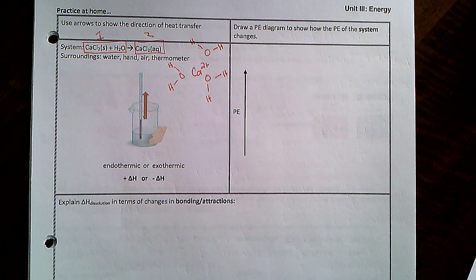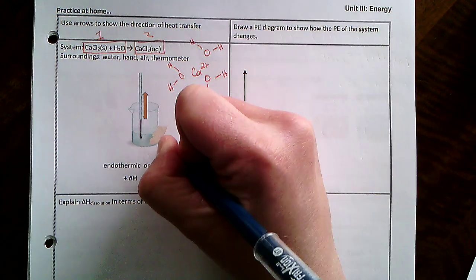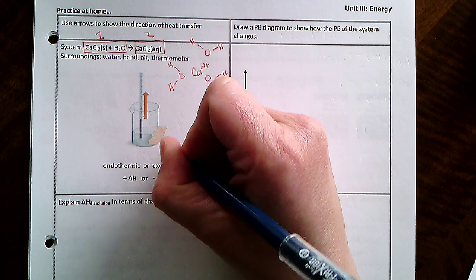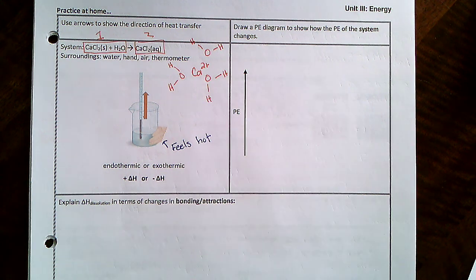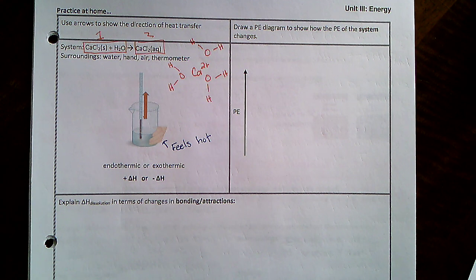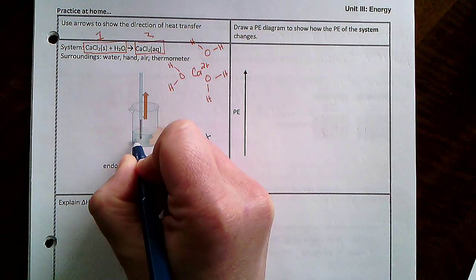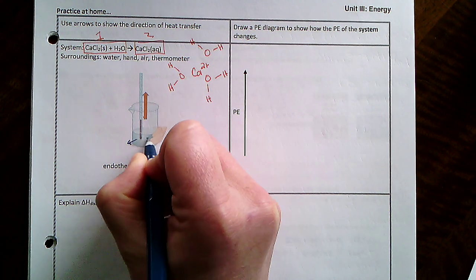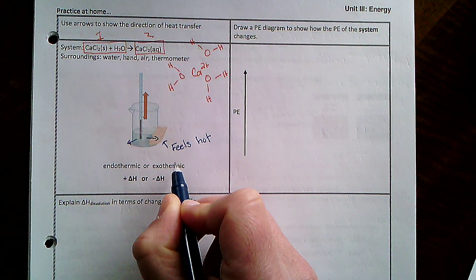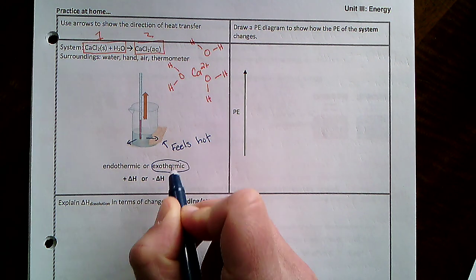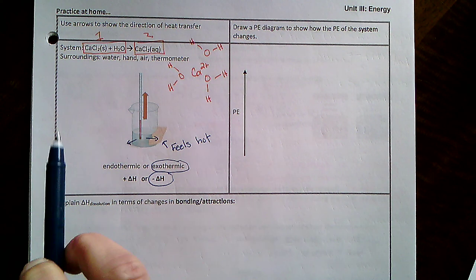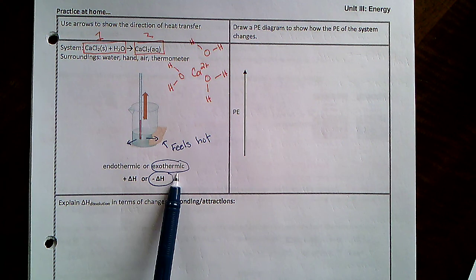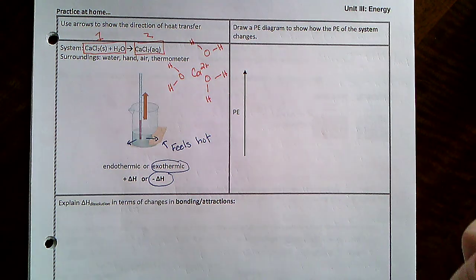Okay, welcome back. Notice if the calcium chloride, once it dissolves, feels hot to your hand, what does that mean? It means that energy is coming out of the system into the surroundings. So that must mean we have an exothermic process with a negative delta H. So if I wanted to represent state 1 and 2, and it's exothermic, I know that state 2 is more stable.